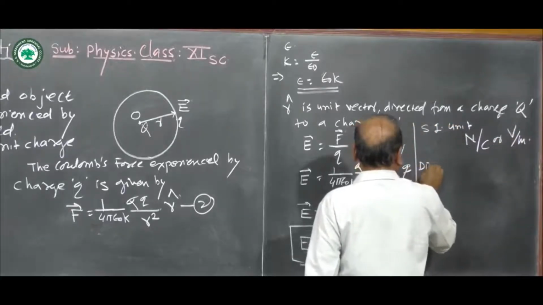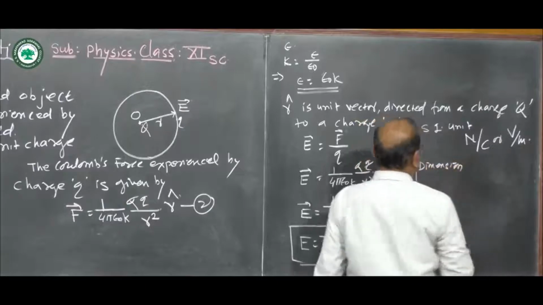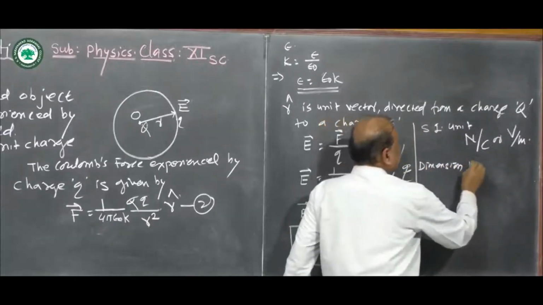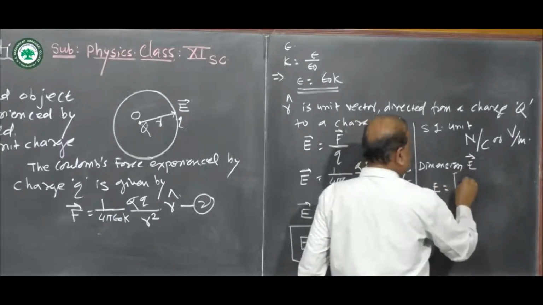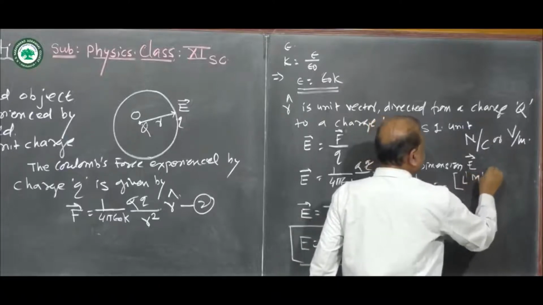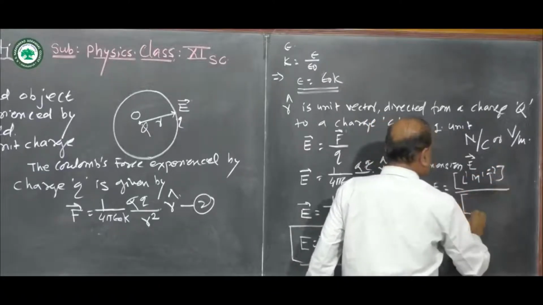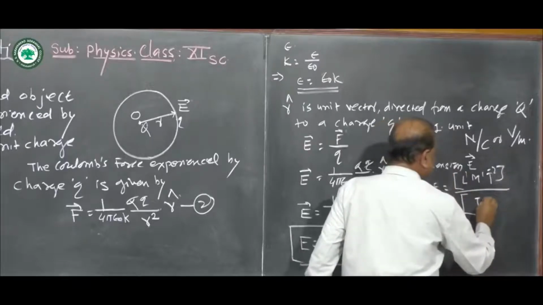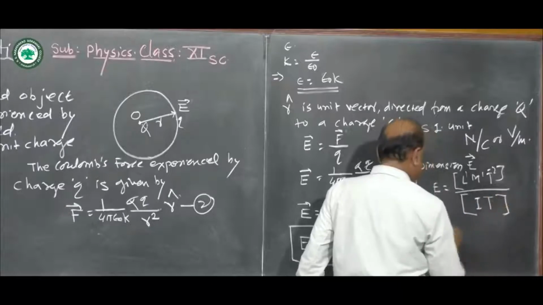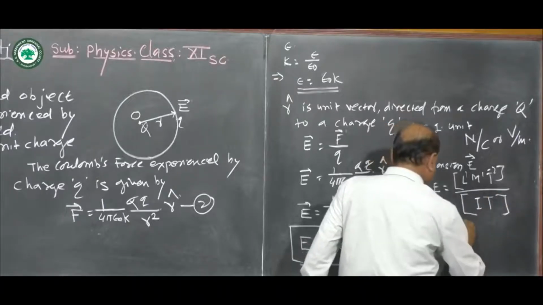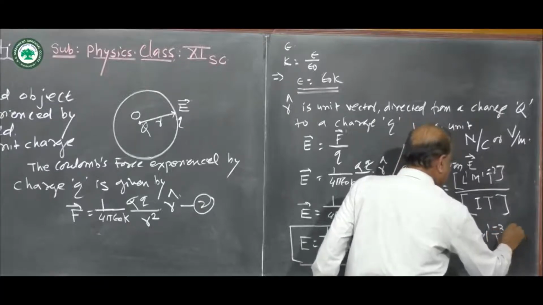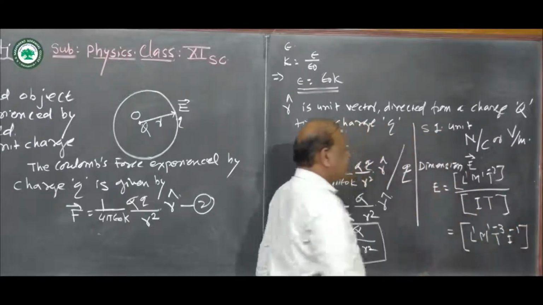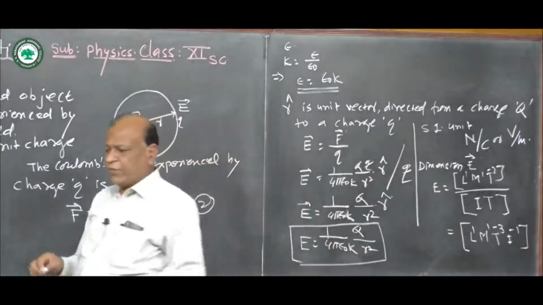And now what is the dimension? The dimension of this electric field E is equal to the dimension of force, L raised to 1, M raised to 1, T raised to minus 2, divided by the dimension of charge, that is IT, and now it is equal to L raised to 1, M raised to 1, T raised to minus 3, and I raised to minus 1 is the dimension of electric field.